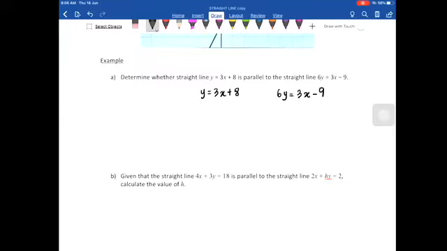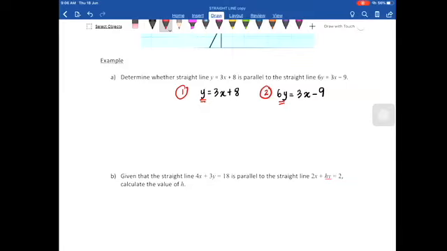So, dengan yang kita observe tadi, saya kena pastikan saya punya y mesti sama. This must be the same. Okay, so sama ada kita nak tukar equation yang pertama ataupun equation yang kedua so that it becomes the same.